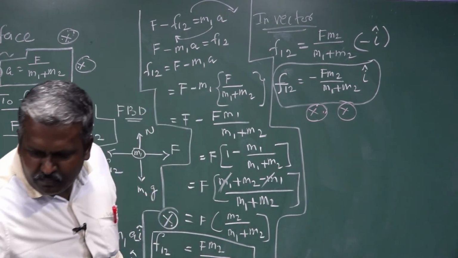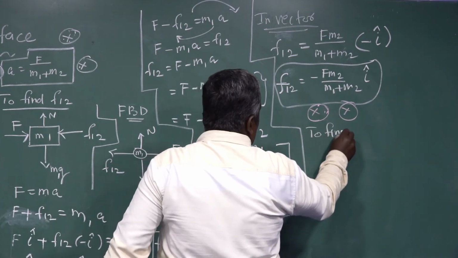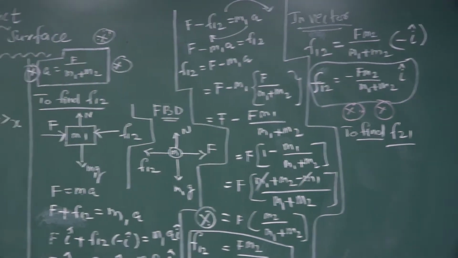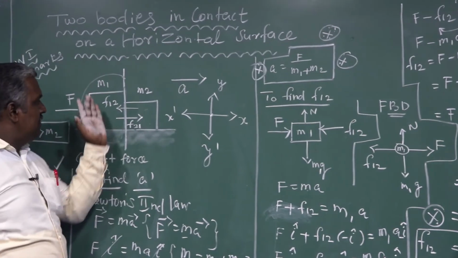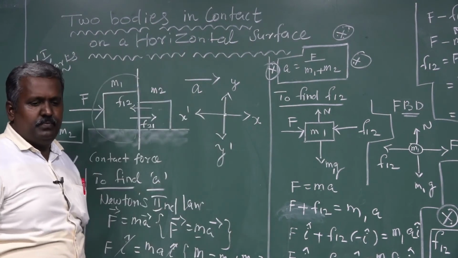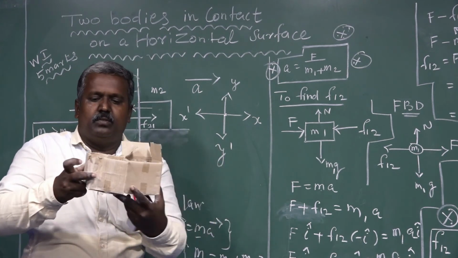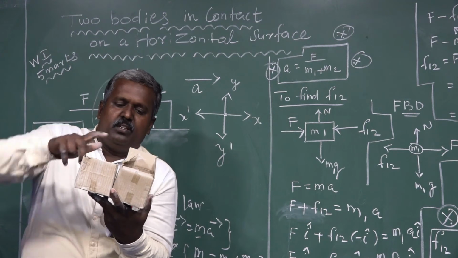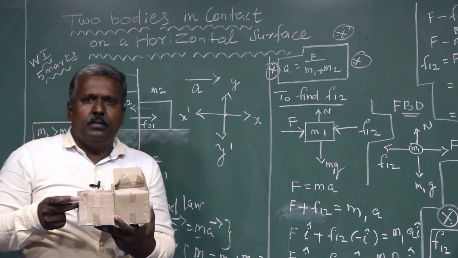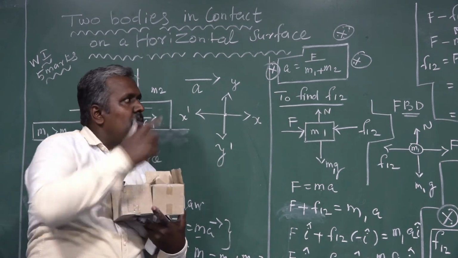Next, to find small f21. What is small f21? It is the force exerted by the block of mass M1 on M2. By M2 on M1 we already calculated; that is called F12, by 2 on 1.